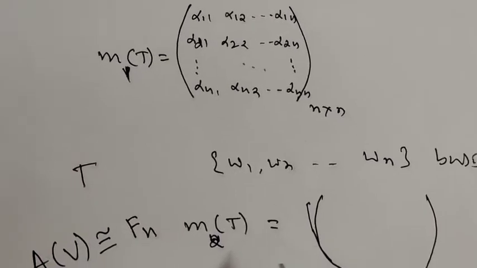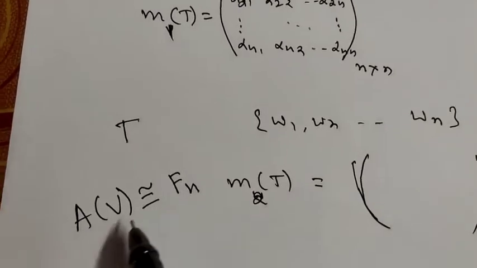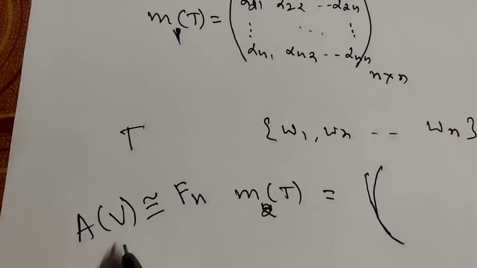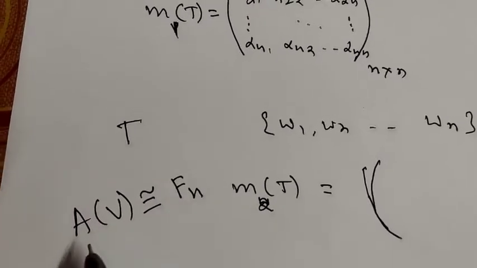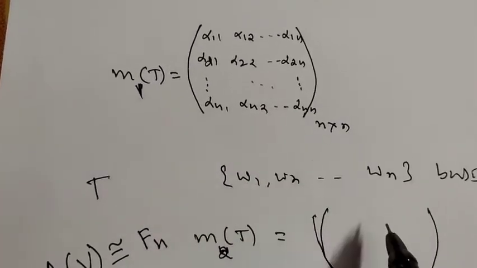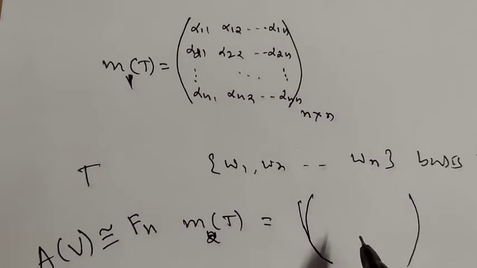But as I said, there is a one-to-one correspondence between the set of matrices and the set of linear transformations. For each transformation there is a corresponding matrix, and for each matrix there is a corresponding transformation.